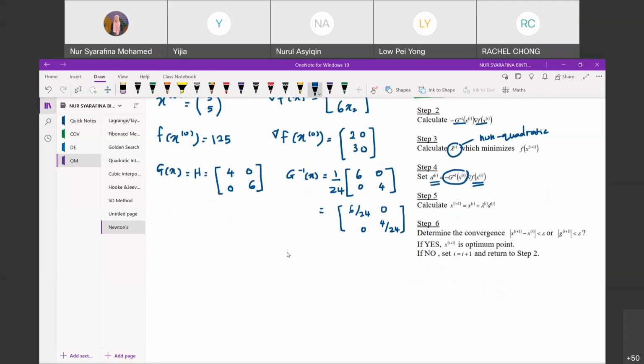d is negative G inverse times the derivative of f, because we want to find our updating point, which is x1 equals x0 plus d naught.